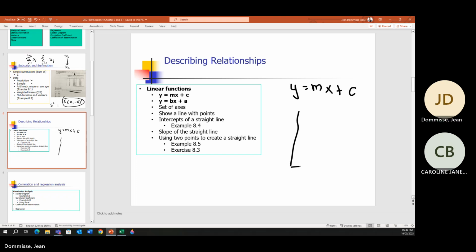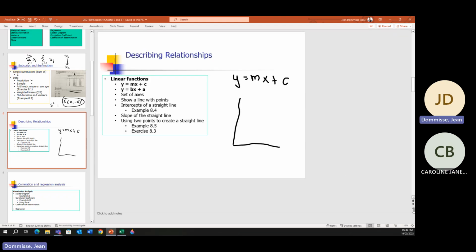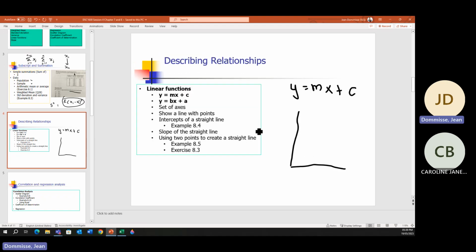So if we have an axis, you have your x and y, and this line will go somewhere through there. It can be anywhere, but the cutoff through the y-intercept will be c.